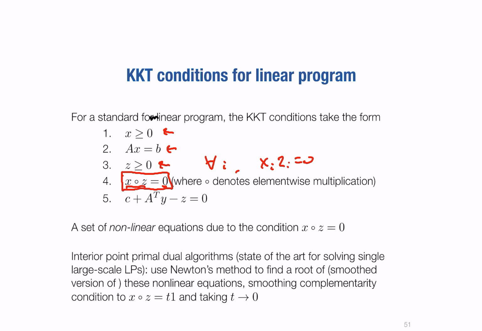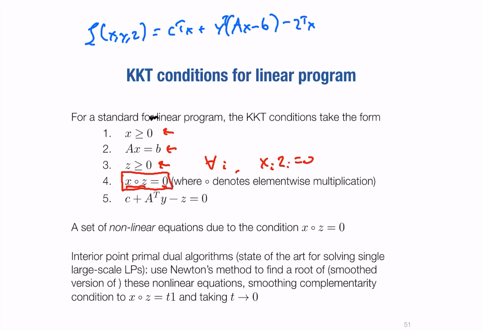And if we take the gradient of the Lagrangian, so maybe I'll just write this here. Again, the inequality constraint vector was just x. The dual variables are z, so their product is equal to 0. That just says that x Hadamard z equals 0. And then my Lagrangian here for a linear program was just equal to c transpose x plus y transpose times Ax minus b minus z transpose x.